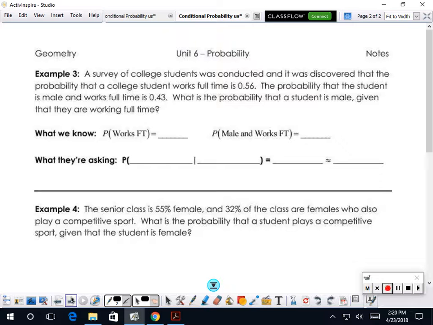Okay, so what we know from the problem, the probability that someone works full-time is 0.56. The probability that someone is male and works full-time is 0.43. All right, what the question is asking us is, what is the probability that the student is male, is going to go first, given that they are working full-time.